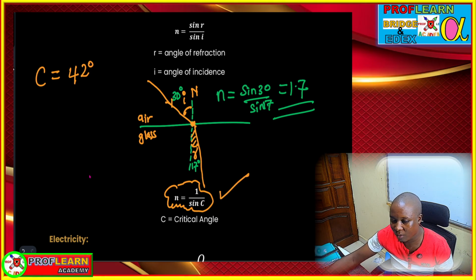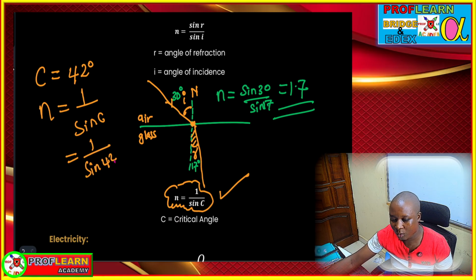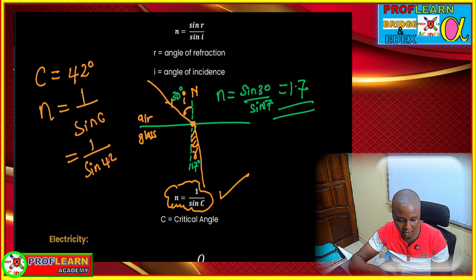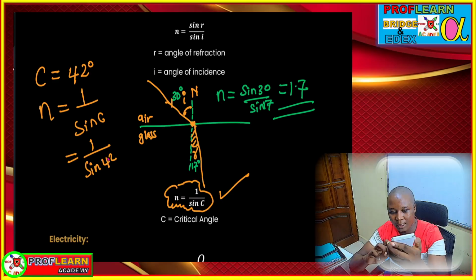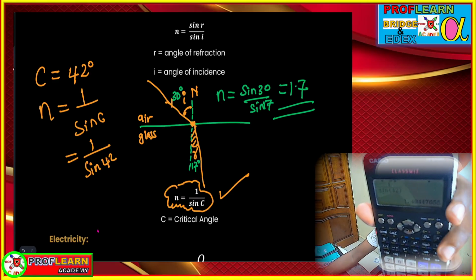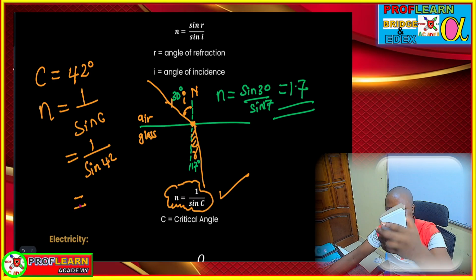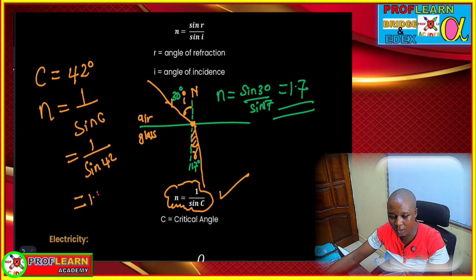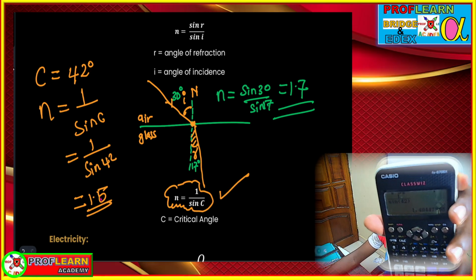You use refractive index equals 1 over sine of the critical angle, which is 1 over sine 42. If I put that in my calculator and click equals, the value is 1.5. This is the refractive index for this particular material.